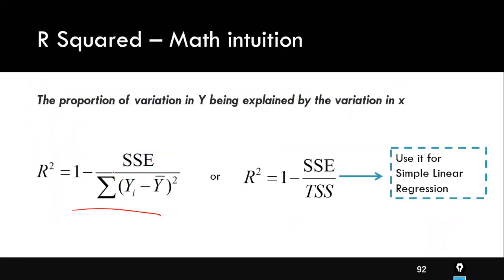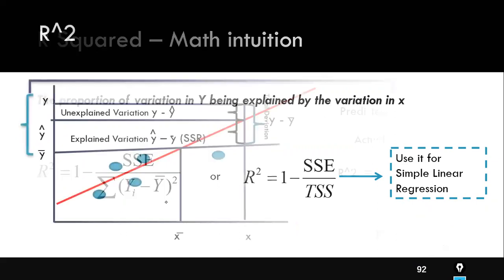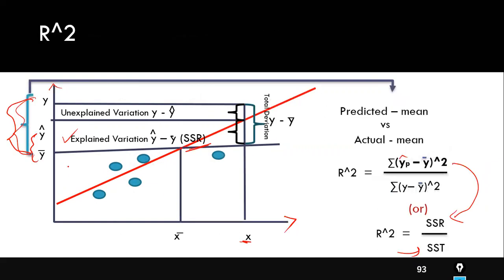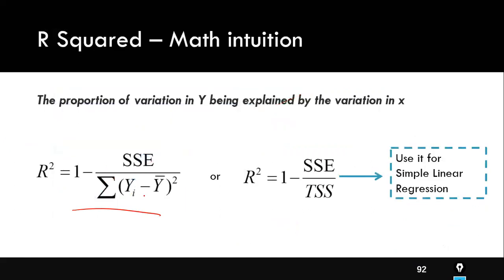So we can write it this way also. 1 minus the sum of squared error over the sum of (y minus y bar) squared, which is the total, the TSS. If you expand this, it is TSS minus sum of squared error, the unexplained variation, divided by TSS.